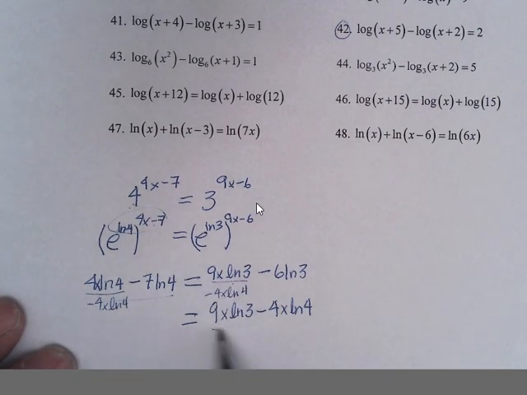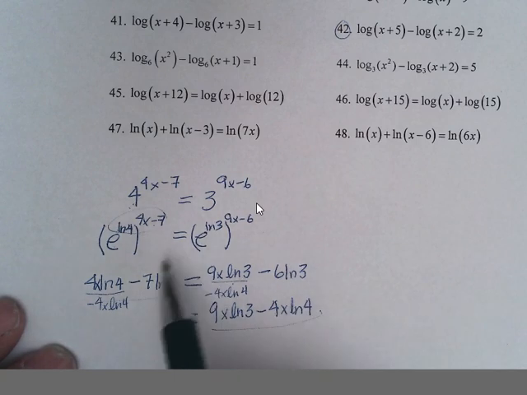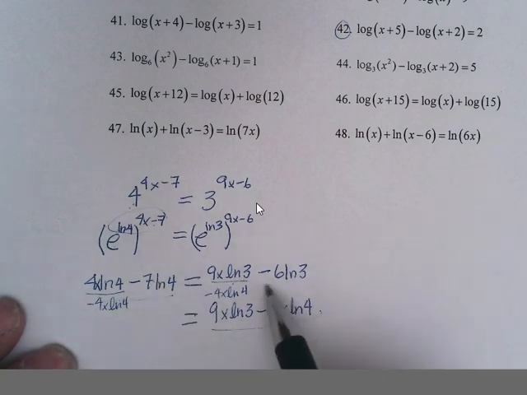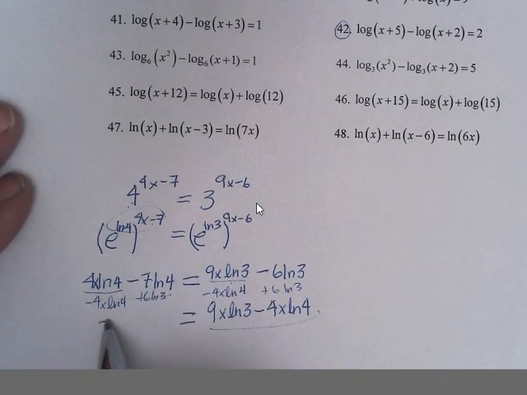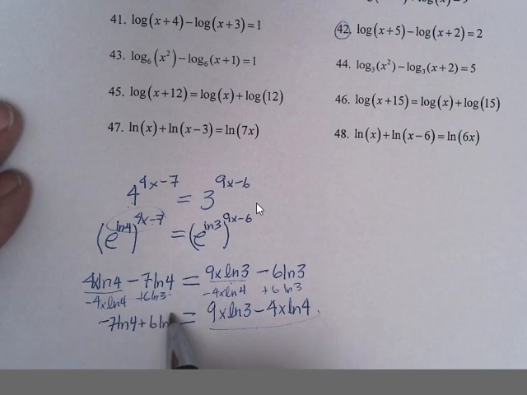And now I've got my x's on this side, so I want to put this onto this side. So I'm going to add 6 ln 3 to both sides. And so I'm going to have minus 7 ln 4 plus 6 ln 3.